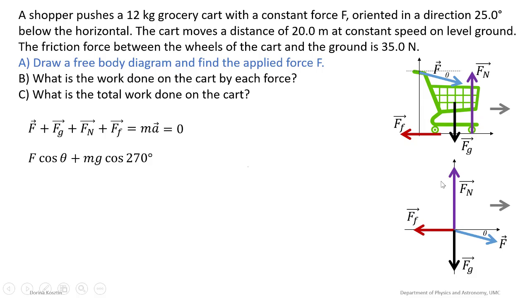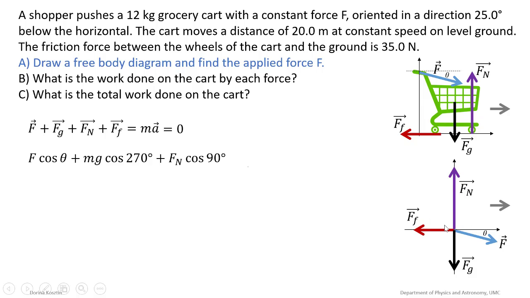Next force is the normal force. The normal force makes an angle of 90 degrees from the positive x-axis. Therefore, the x component of the normal force is equal to the magnitude of the normal force multiplied by cosine of 90 degrees. And the last force that we have to find the x component for is the force of friction.